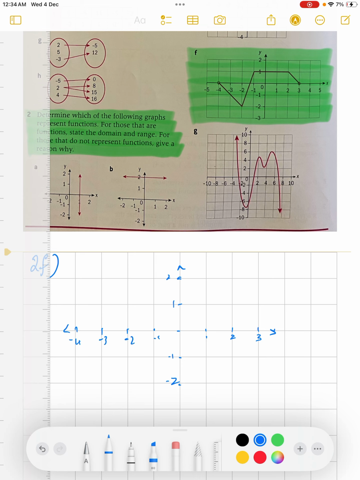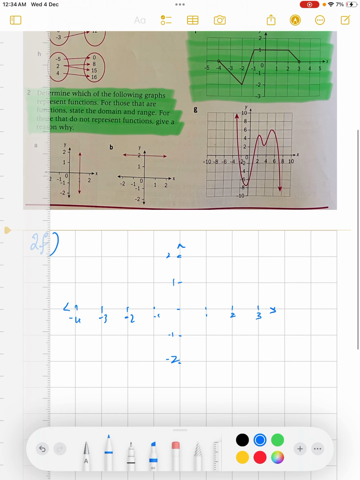And that way I can show you a little bit easier. Let's put the X, put the Y, so you can see what we're talking about. We've got this point here, -4, 0 at hollow circle, and it finishes at 3, 0 at hollow circle.